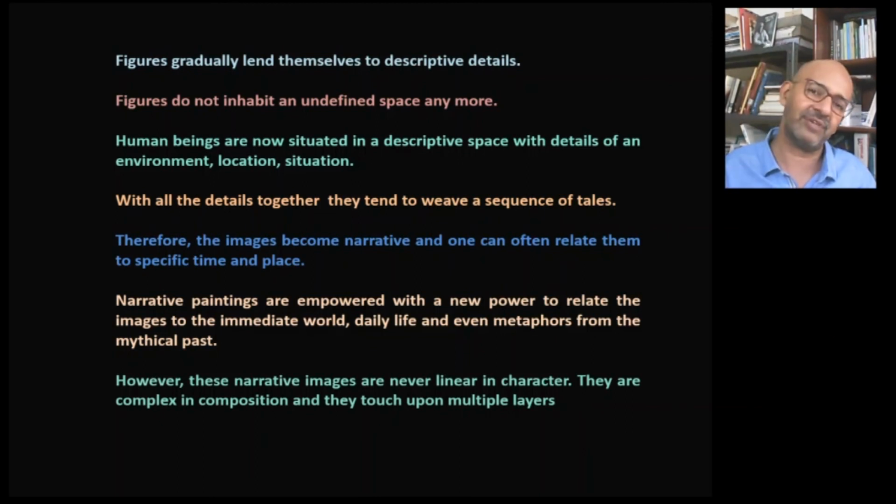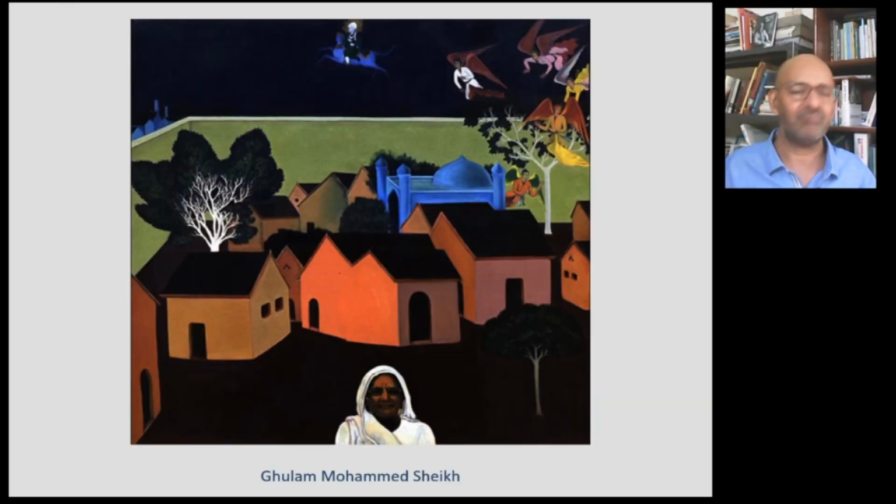So if we are looking for a single story in these narrative paintings, probably we will be disappointed. So let us not look for a single story, let us look for multiple stories in the narrative paintings by Ghulam Muhammad Sheikh, Bhupen Khakhar, Nilima Sheikh and Sudarshan Shetty, and many others.